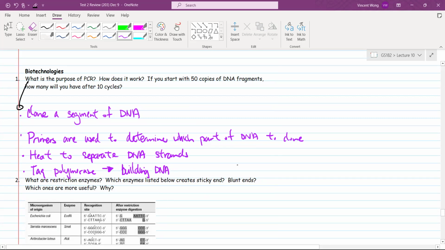Because you're heating things up, you cannot use regular polymerase. It will denature and break down. So if you have 50 copies and you do it for 10 cycles, that's 2 to the 10. Just plug that into the calculator.